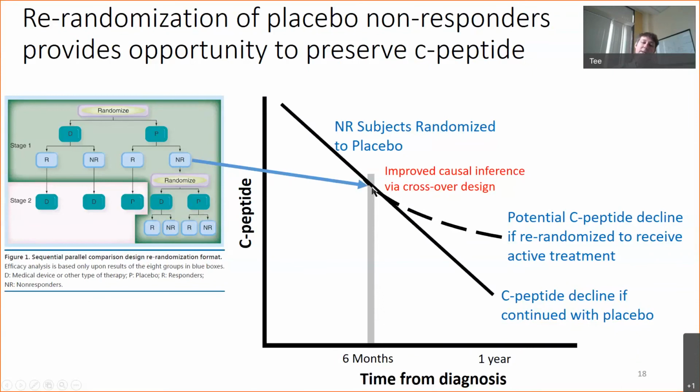And hopefully you could see the C-peptide decline start to bend away from the projected and flatten out. And so this type of design is a nice compromise between having a placebo group, but then having participants get a greater chance of being exposed to a treatment that may benefit them.